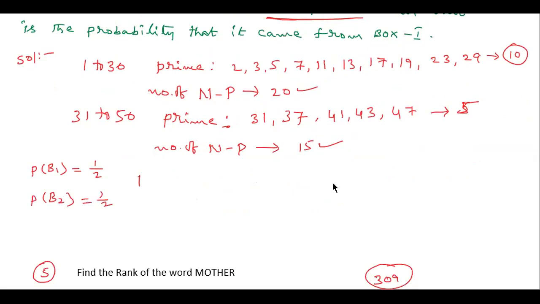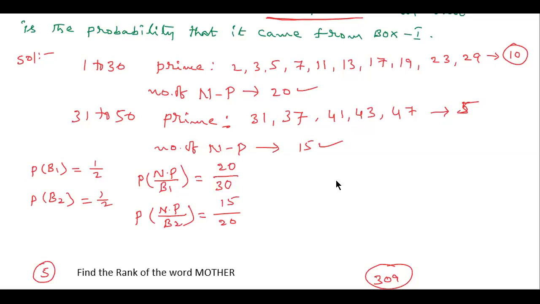Now probability of non-primes in first box B1: totally 30 numbers are there. Out of 30, 20 are non-prime numbers. Now non-prime numbers in box 2: total numbers in second box only 20, non-prime is 15.